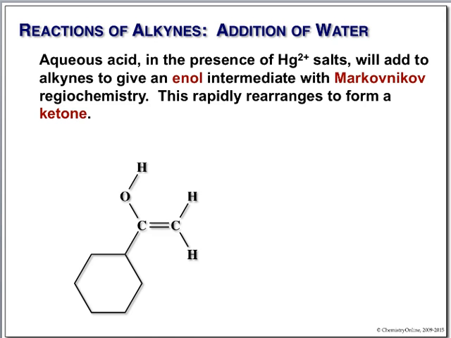This oxygen, the OH here, can lose a proton to a base. When it does, the electrons are going to move in to form our carbon-oxygen double bond. When that happens, that would be too many electrons on the carbon, so these will move out, and they'll pick up the hydrogen. The whole thing will look something like this.